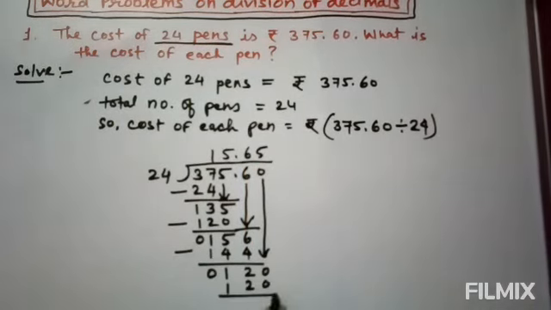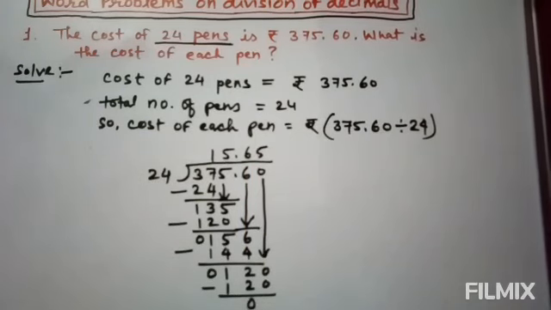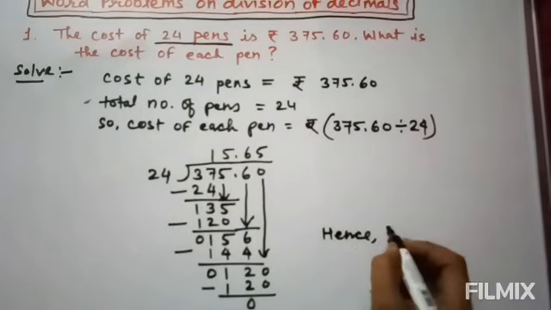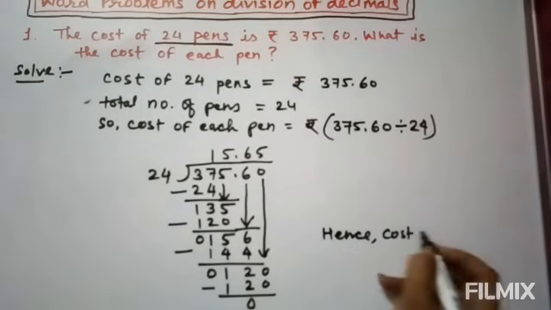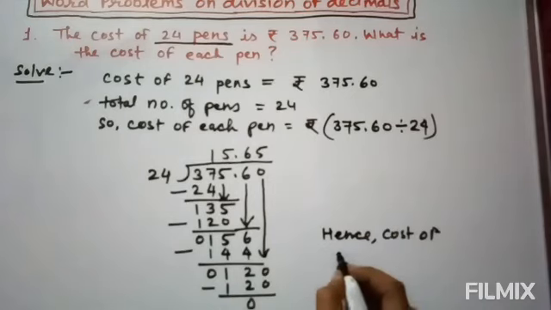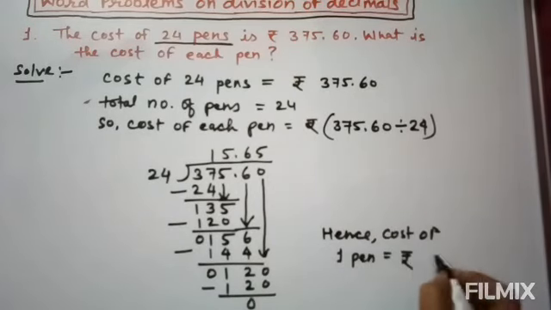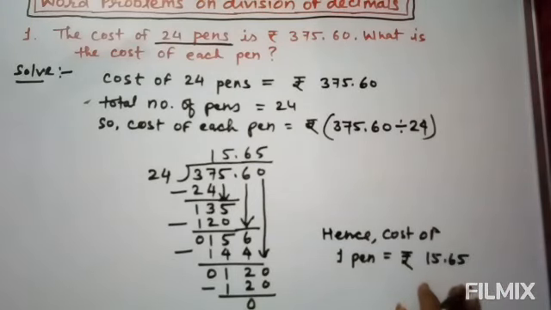So here my division is divided completely. Hence the cost of one pen is rupees 15.65. That will be the answer. I hope you have understood this question.